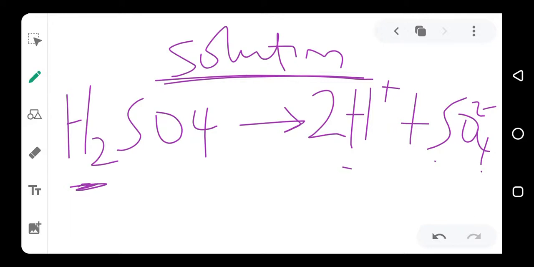This 2 minus is just showing us the radical group that this component belongs to, that it is SO4 2 minus. SO4 radical is written as SO4 2 minus. So the equation is balanced.